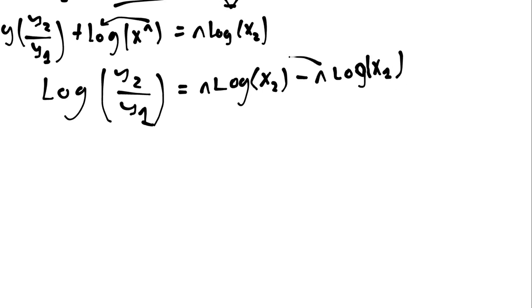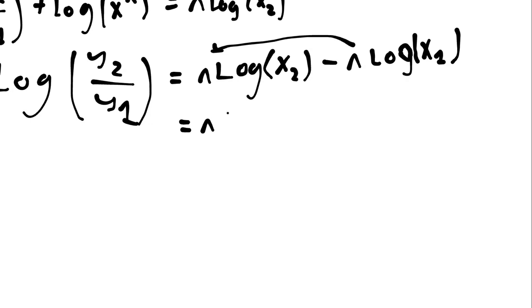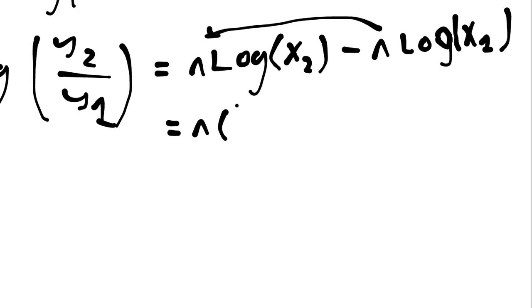And then you just factor out the n, so this becomes n bracket log x2 minus log x1, which becomes log x2 divided by x1, because that's another one of the log rules.